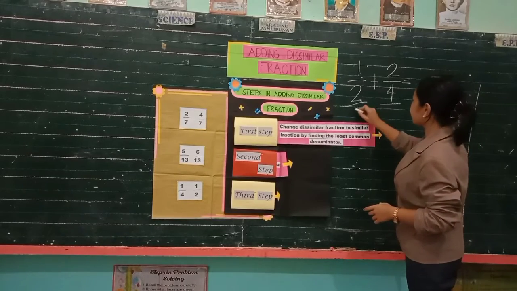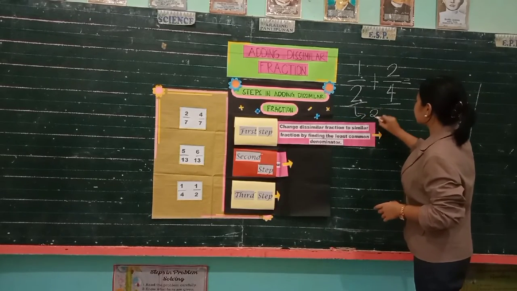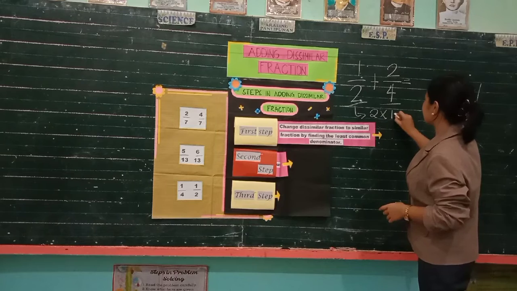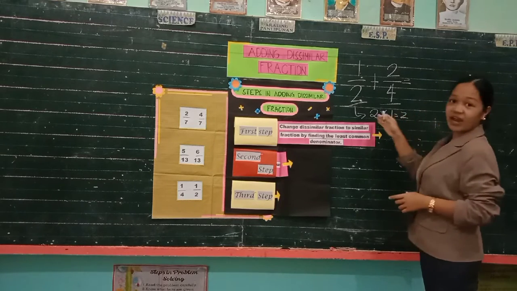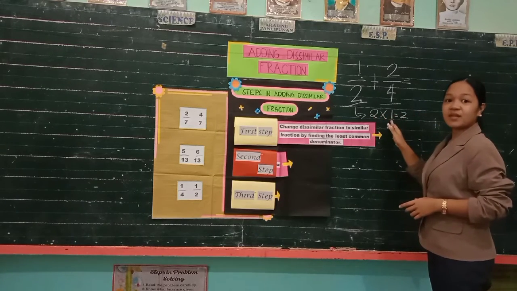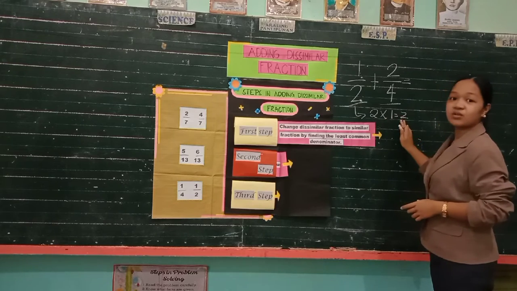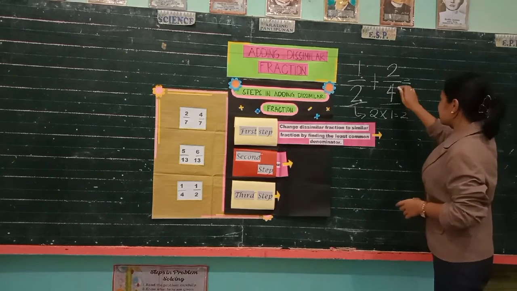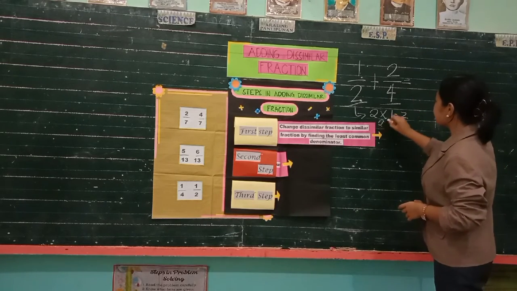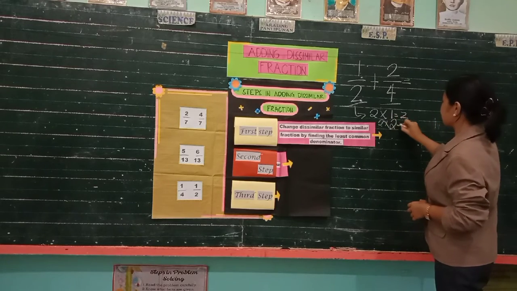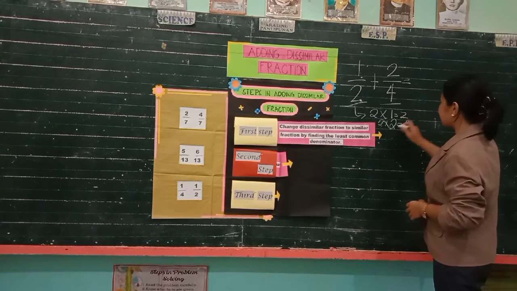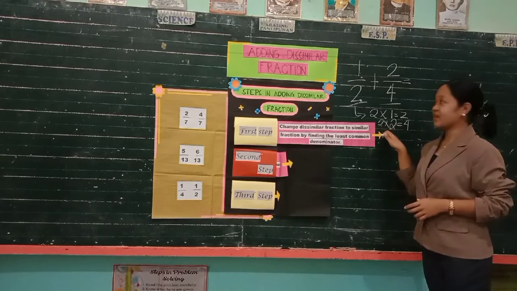I have here 2. 2 times 1 is equals to 2. Is it correct? Yes. 2 times 2 is equals to 4. Is it correct? Yes.